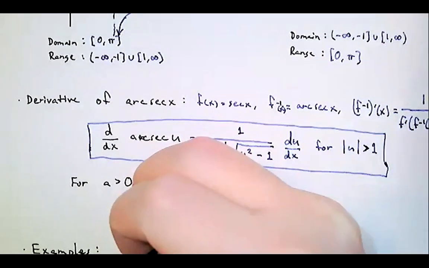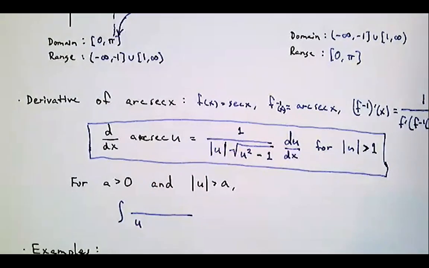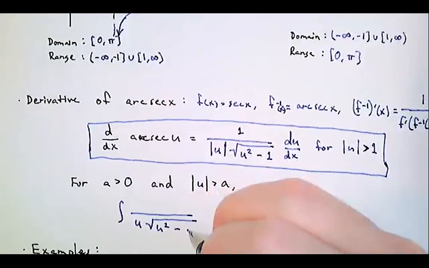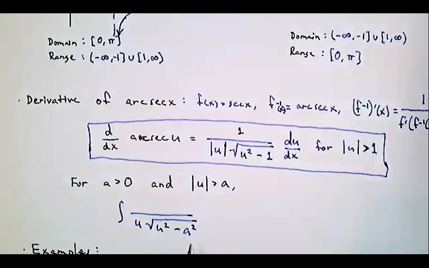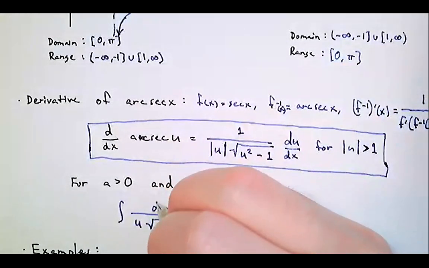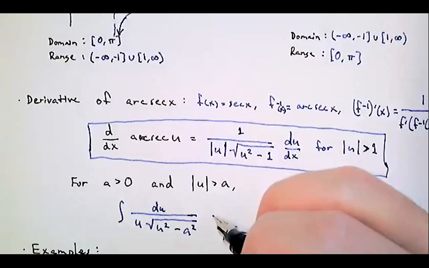So if I take the integral of u over the square root of u squared minus a squared, I'm adding in an extra constant here, and then we get a du on top. This is equal to an arcsecant.